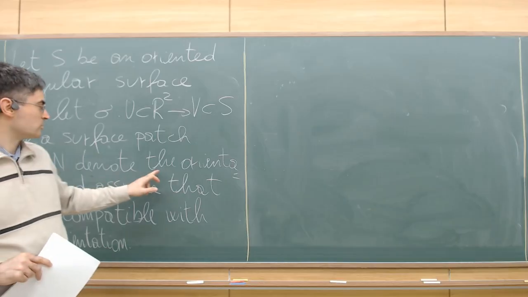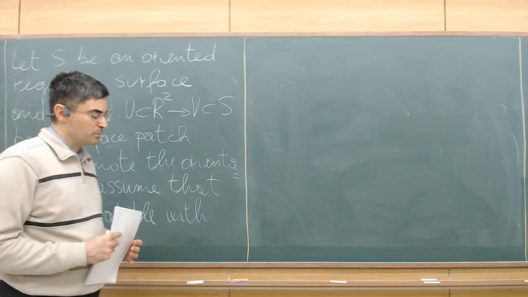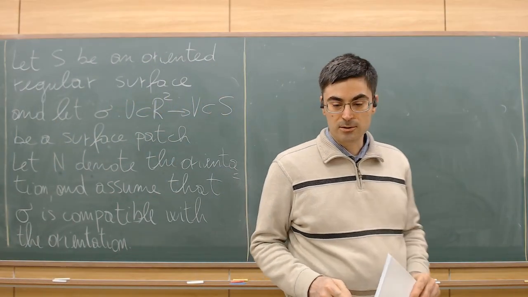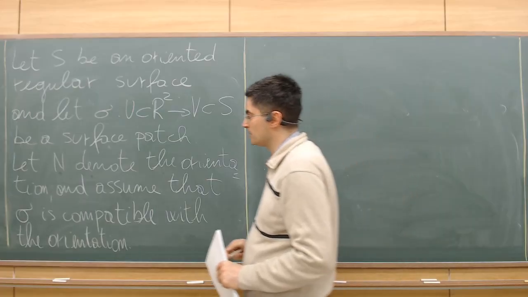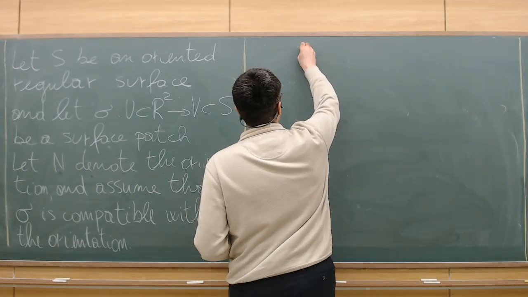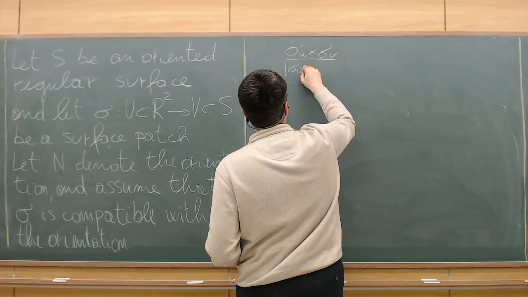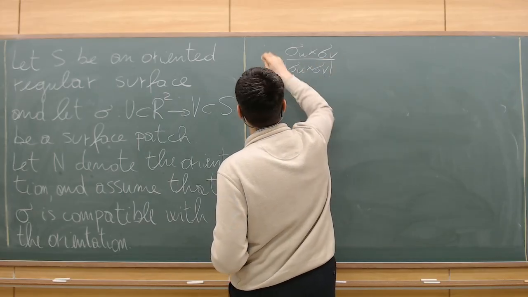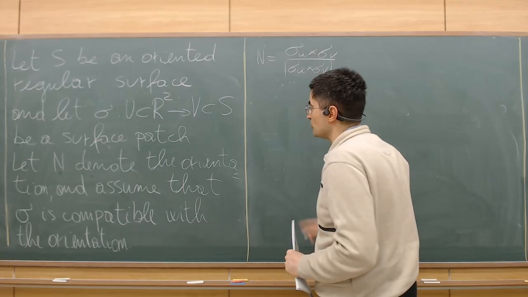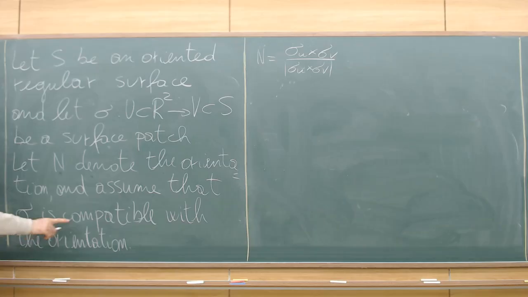N denotes the orientation means that N is a choice for the unit normal field to the surface, and sigma is compatible with orientation means that the unit normal field that you can obtain this way coincides with N. So this is the meaning of the sentence sigma is compatible with orientation.